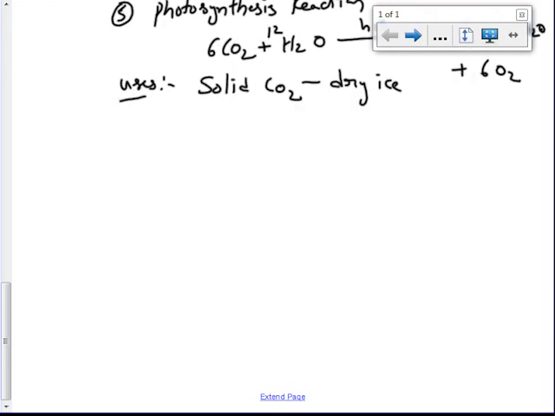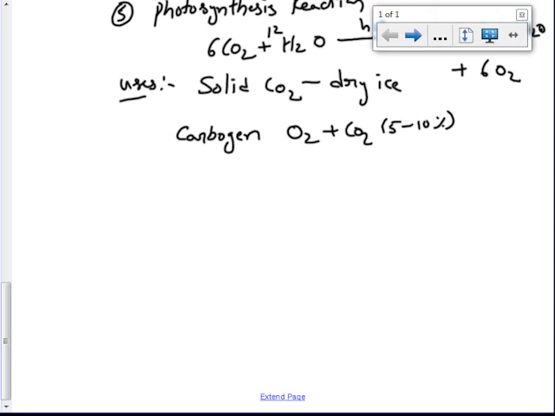We know carbon dioxide is soluble in water, as in soda water, used in the preparation of soft drinks. Carbon dioxide is also used as a fertilizer. The most important use is carbogen, a mixture of oxygen plus a small amount of carbon dioxide, 5 to 10% carbon dioxide.